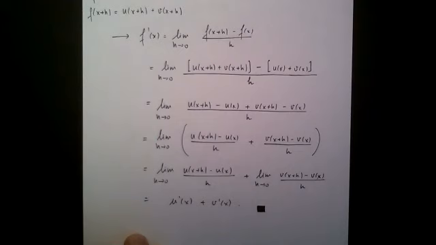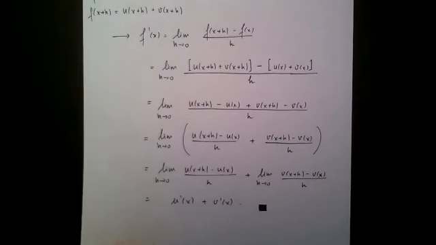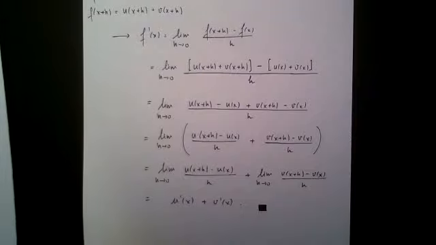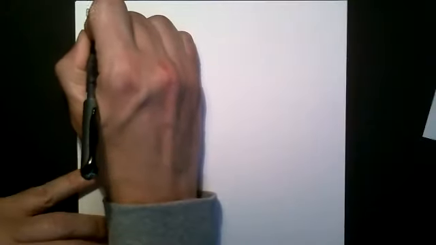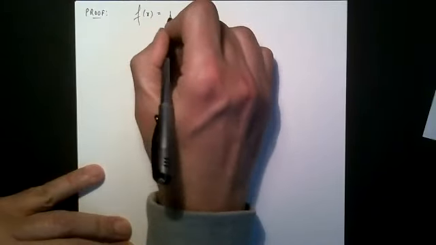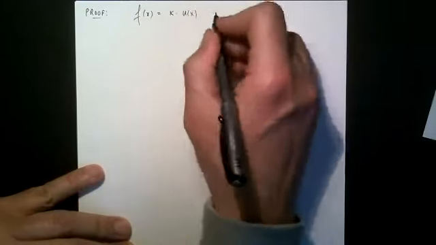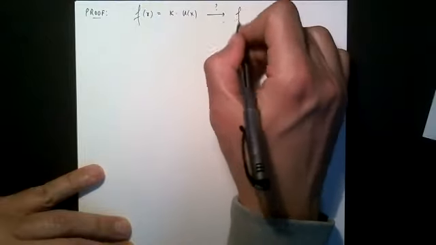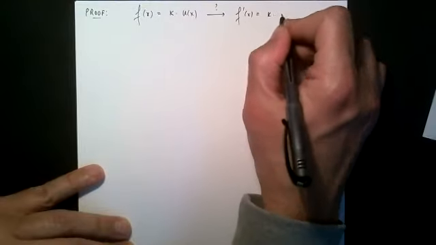I'm going to take 5 minutes quickly and show you the second part of the linear properties, and then I'll let you go. This one's much easier and faster to do. Another proof: if f of x is equal to k times u of x, then I want to show that f prime of x is k times u prime of x.